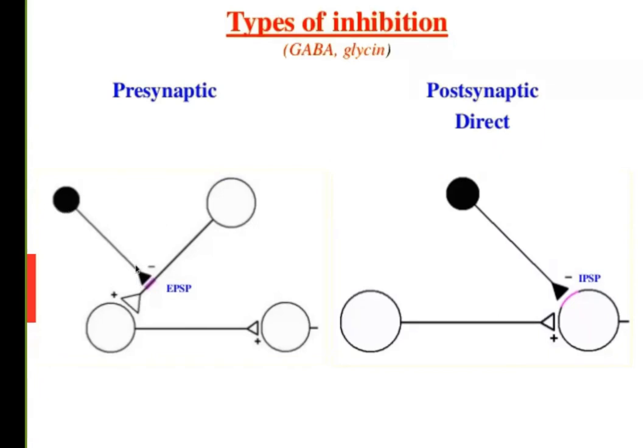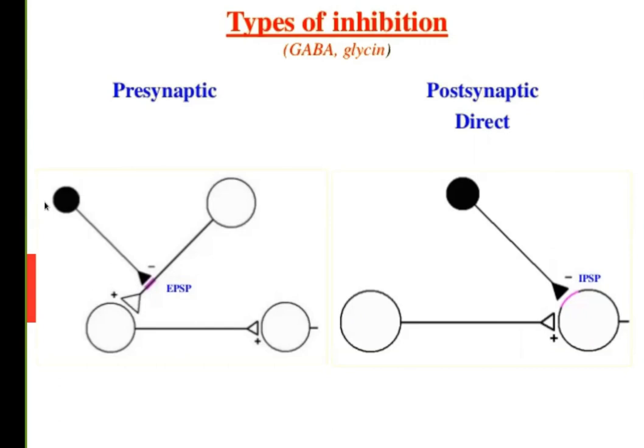have interconnection with excitatory neurons before the synapse, before this part, synapse, and in this case we talk about presynaptic inhibition.